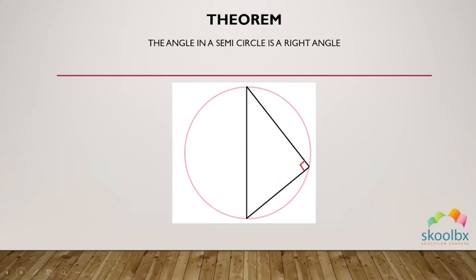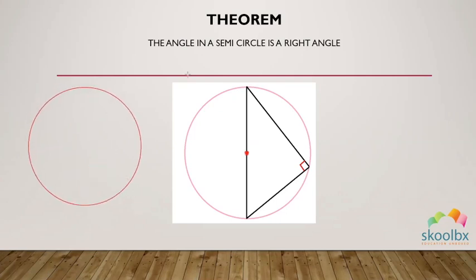One more, and that's the angle in a semicircle is a right angle. So this baseline is a diameter because that's the center. Just draw the diameter here. And from this diameter, if you draw any triangle such a way that the opposite vertex touches the circumference, then that angle is 90.